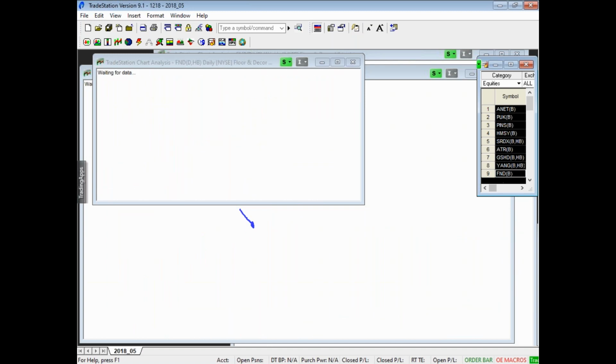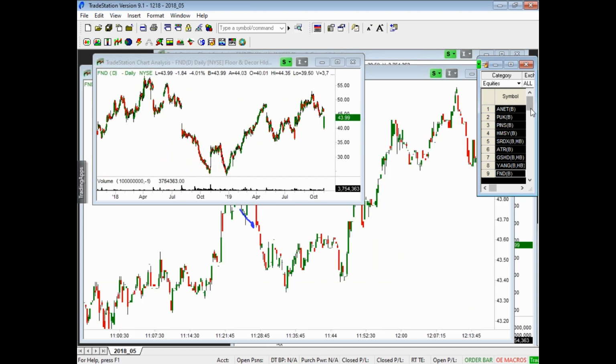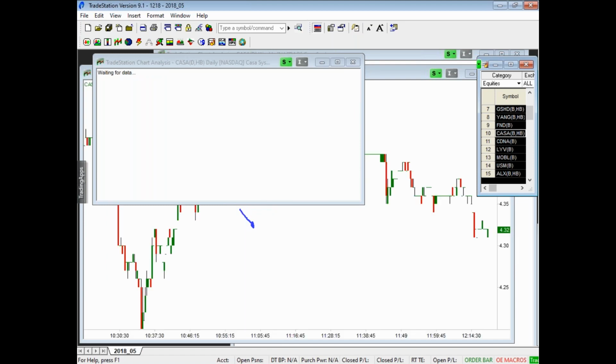Oh, got a lot of thin stuff here. I need to check my sorting on my charts.